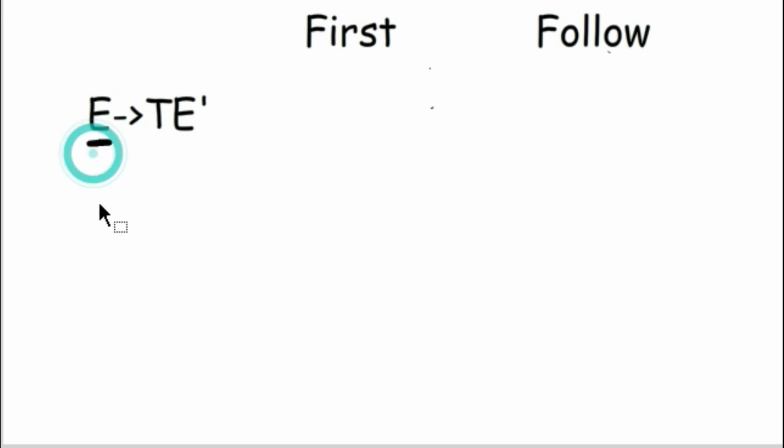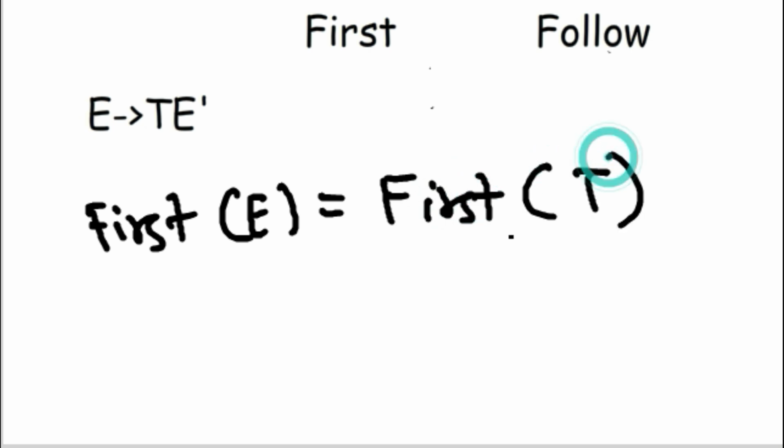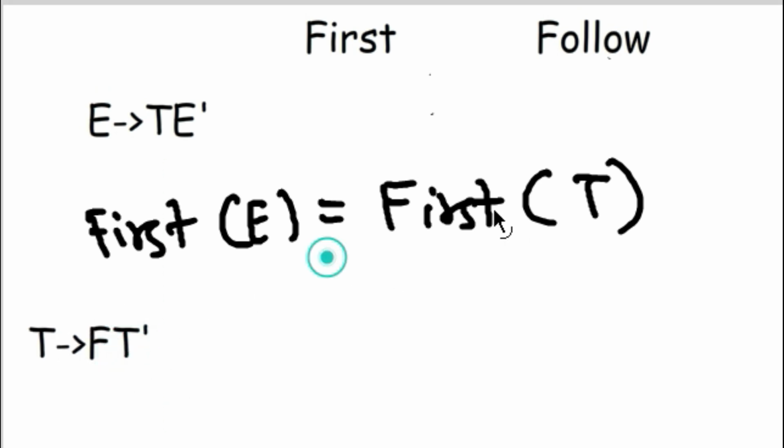We have to find first of E. Now first of E is going to be equal to the first symbol, which is T. But it is a non-terminal symbol. So in case of a non-terminal symbol, we have to find first of T. So let us look for T. We can find T here. So let us take it into consideration. Now we have to find first of T in order to find first of E.